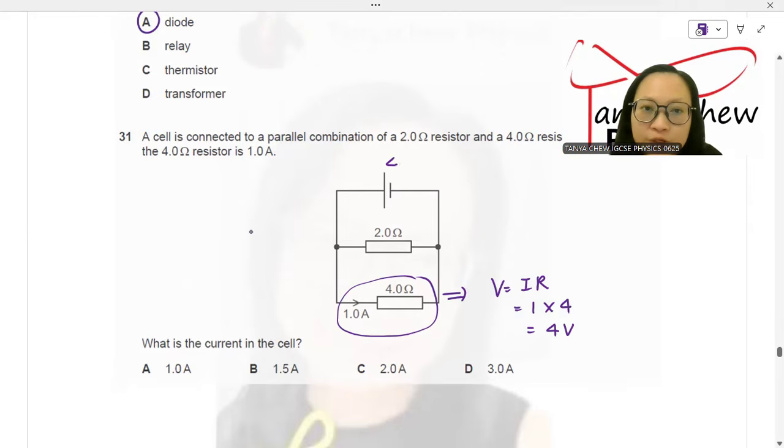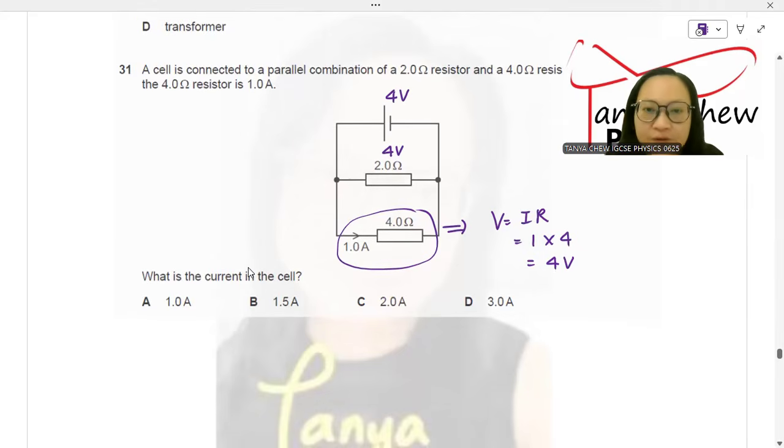So the total potential difference, or the EMF of the cell, is also equal to 4 volts. Right, because in parallel they share the same potential difference, and the potential difference is the same as the EMF of the battery or the cell in this case.